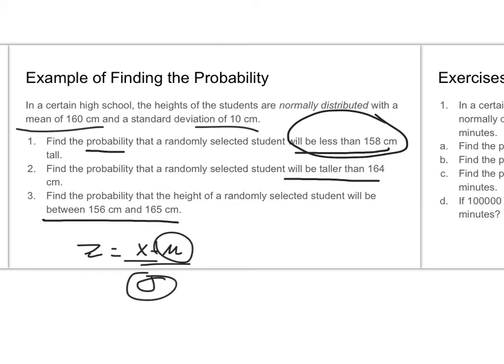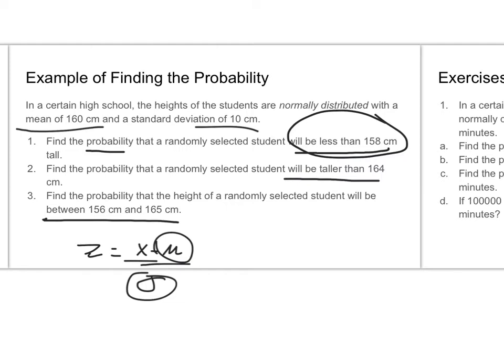If you remember our examples in the previous videos, we were talking about area to the left, area to the right, and area in between. So here, these are now changed into finding probability, in which you no longer say to the left, but you say less than a specific number or measure.